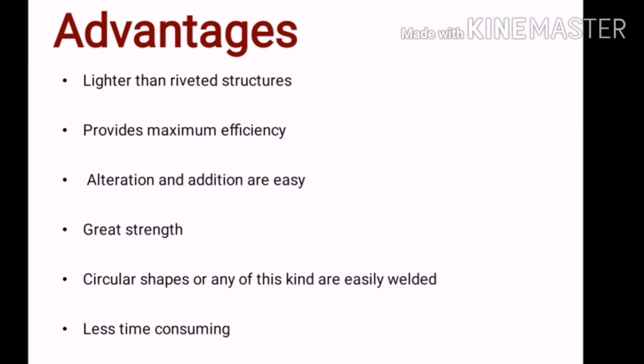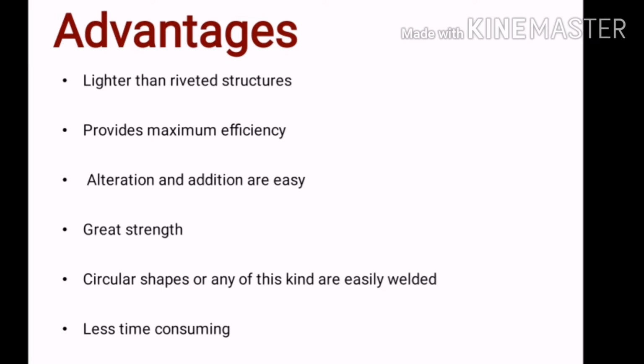The welded joints are lighter than the riveted structures. It provides maximum efficiency, which is not possible in case of the riveted joints. The alteration and the addition of the material are easy in case of welded joints.